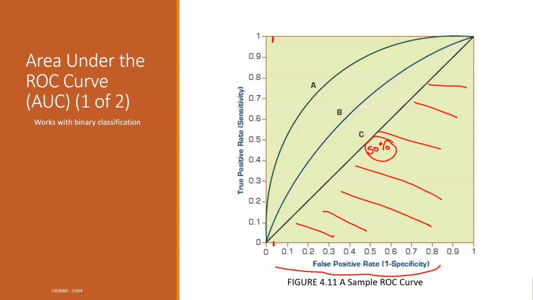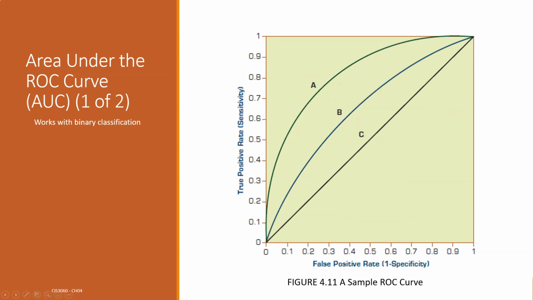accurate. Now, as our false positive rate decreases and our true positive rate increases, our curve will start to bubble, and our area under the curve will increase. So this area under B could be as much as 65%. And then area under C could be 75 to 80%.